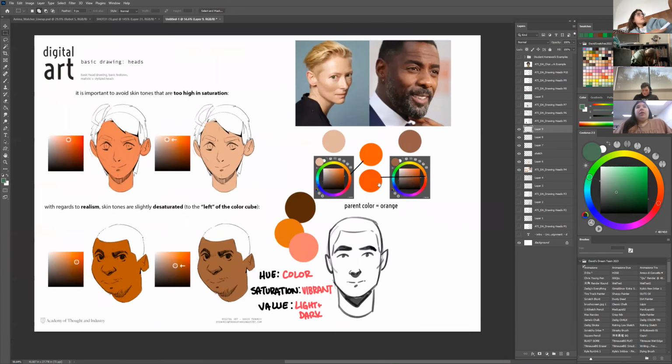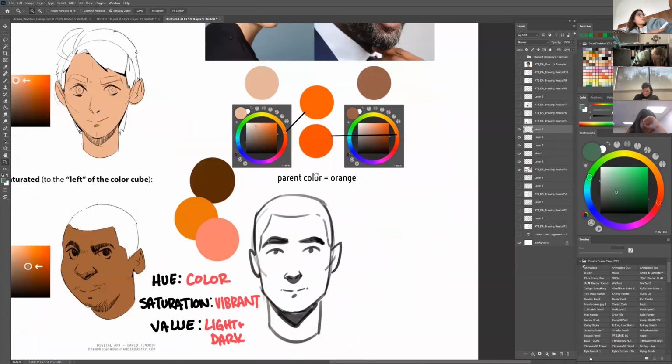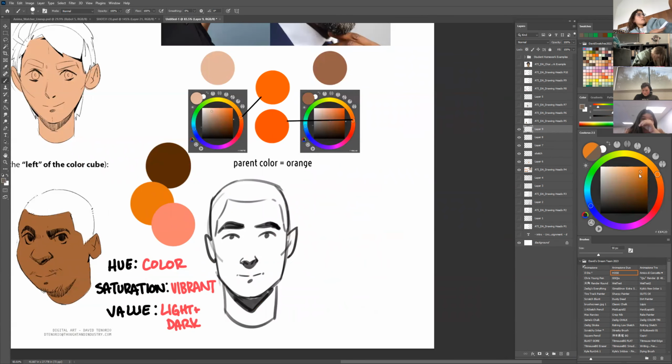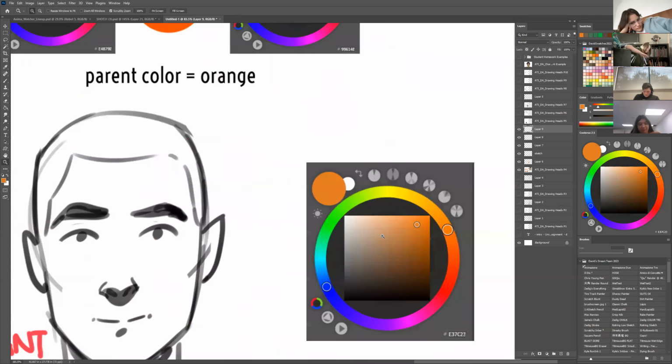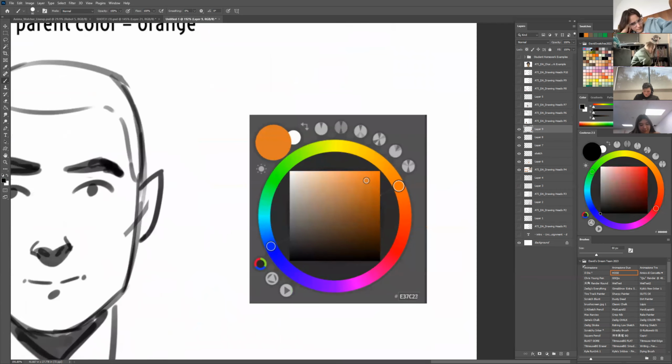So there's 2 lessons to learn right now about skin. Paint any skin color you want, I don't care. But one would be that when you pick a color for skin, especially to start the conversation of it being realistic, you want to really avoid all this area right here, even around here. This is extremely saturated color.